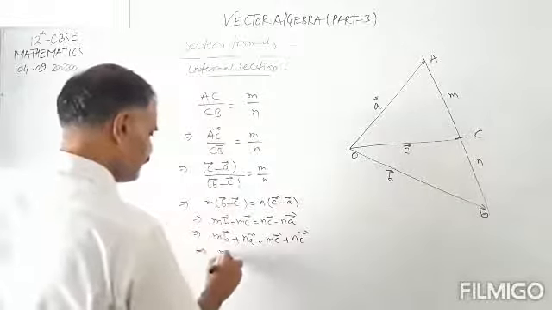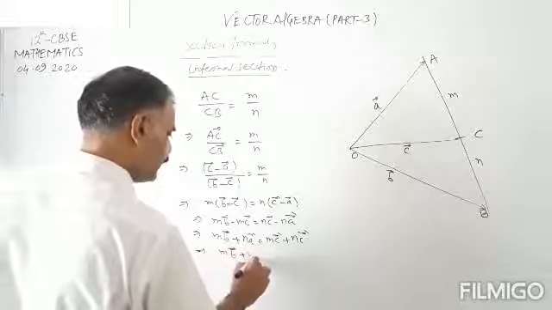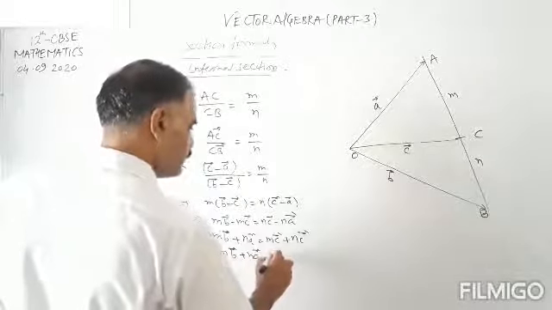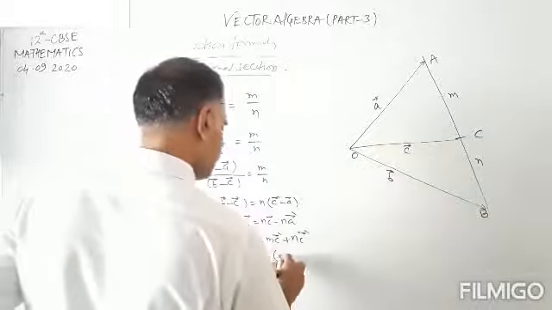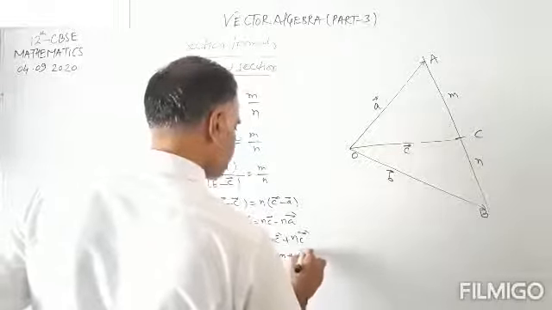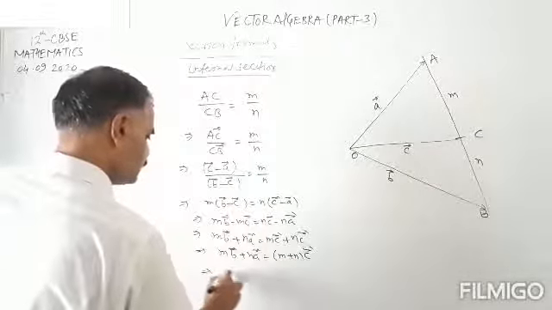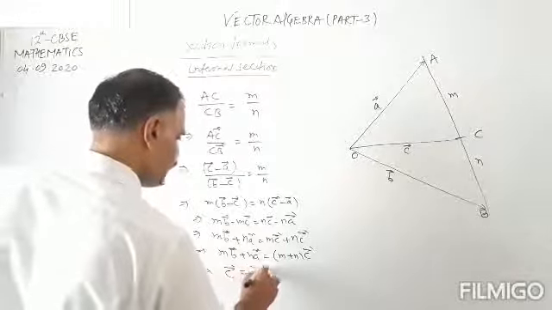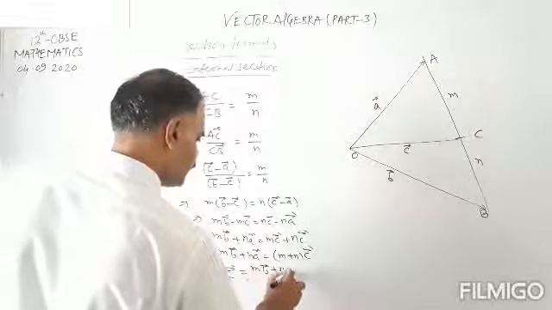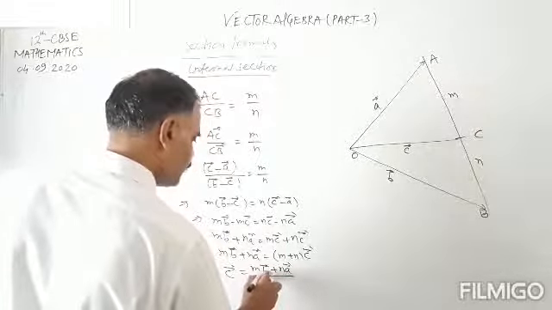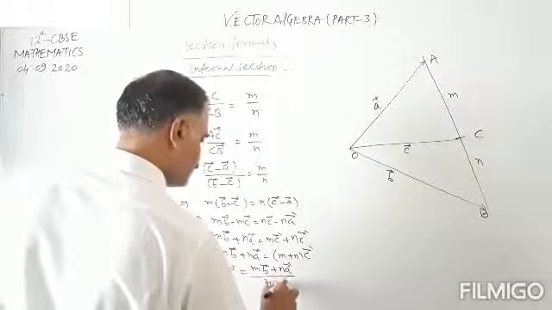Taking C vector as common, mB vector plus nA vector is equal to (m plus n) C vector. So C vector is equal to (mB vector plus nA vector) divided by (m plus n).